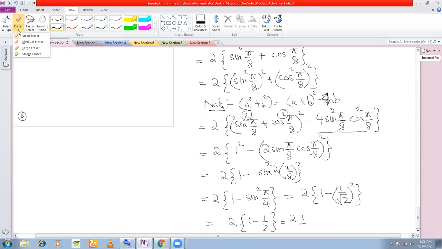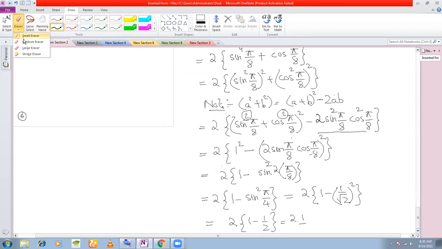Why have I made it 4? I was correct initially. You don't know the formula for a square plus b square? A square plus b square is a plus b whole square minus 2ab. I was correct here. So this should be twice of this.